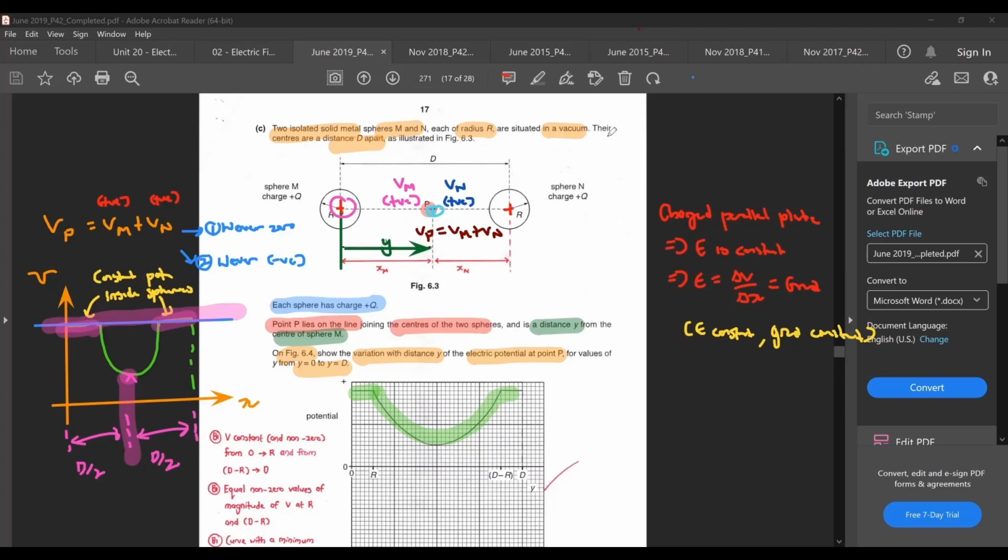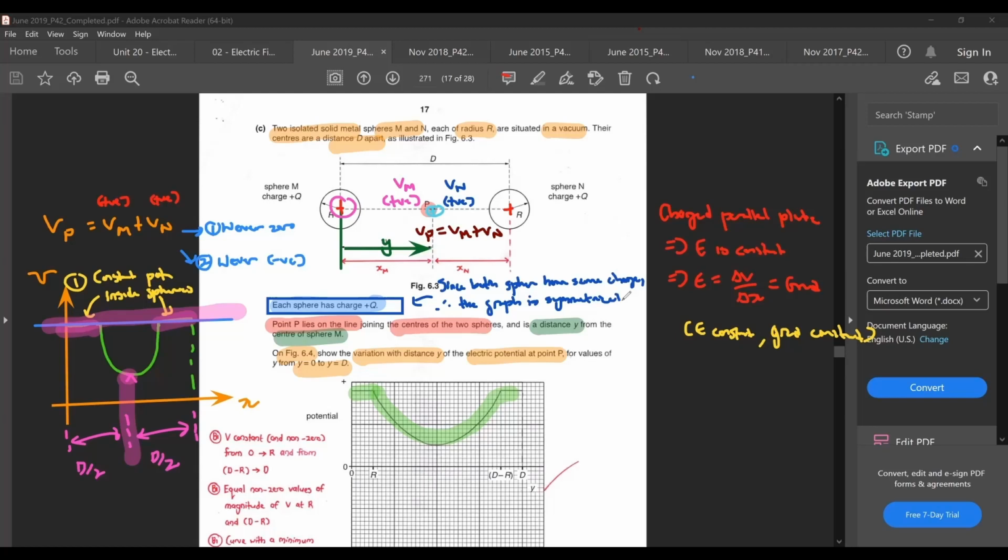The reason the graph is symmetrical is because of what the question mentioned earlier. You notice that they told you that each sphere has a charge of positive Q. So what you can conclude here is that since both spheres have the same charge, therefore the graph is symmetrical.